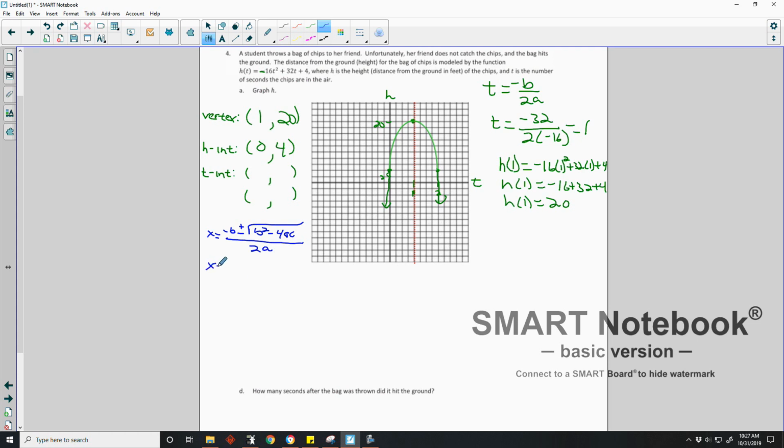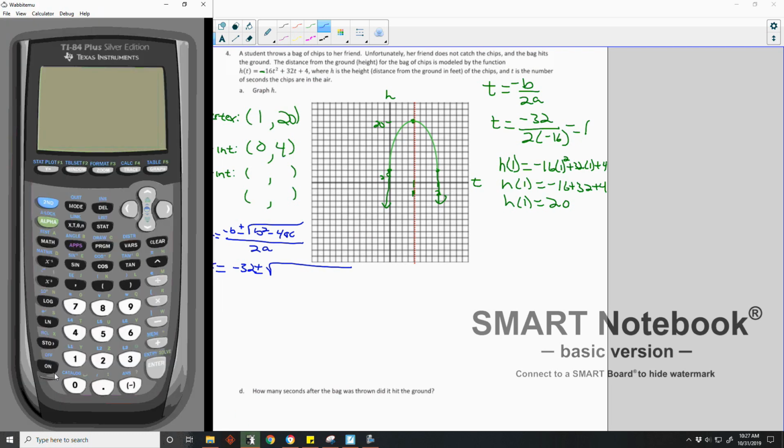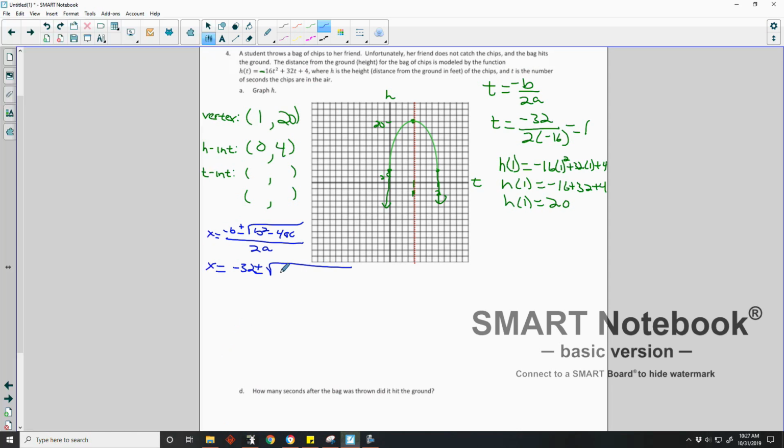So x equals negative 32 plus or minus the square root of b squared. Well, what is 32 squared? 1024.